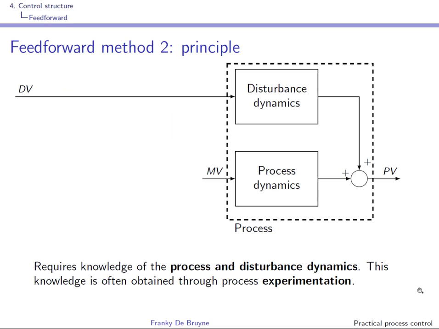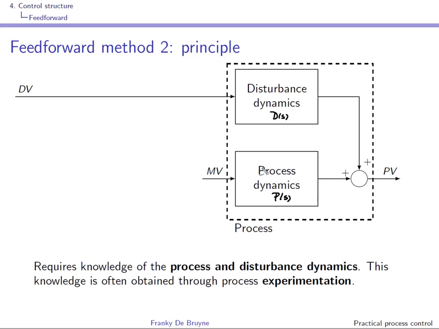The second methodology or principle leads to a dynamic feed forward, so it requires the knowledge of the process dynamics, we'll call it P of S here, from MV to PV, but also the knowledge of the disturbance dynamics from DV to PV, and this can be obtained through experimentation.